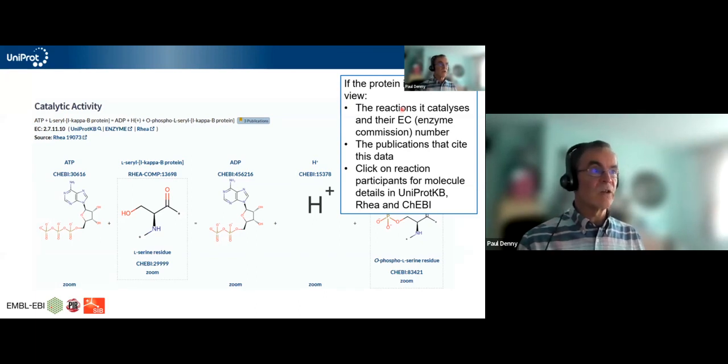So this would include things like EC numbers, which are obtained from other databases like Rhea. And then there are publications which were used to assign this activity. So in this case, there are 3 publications which support the assertion that this is a kinase.